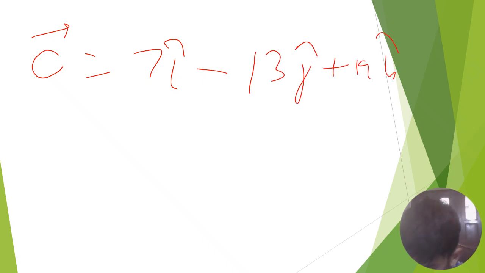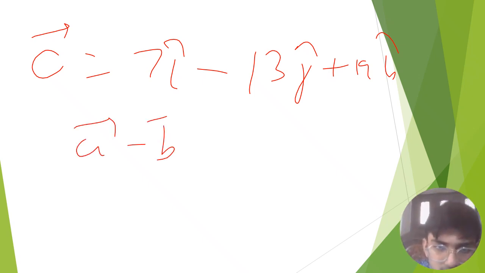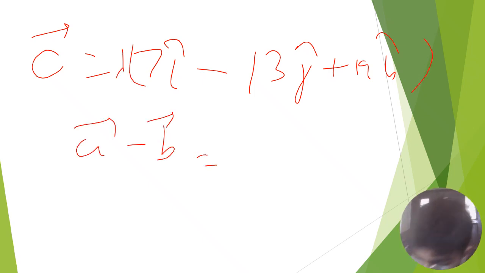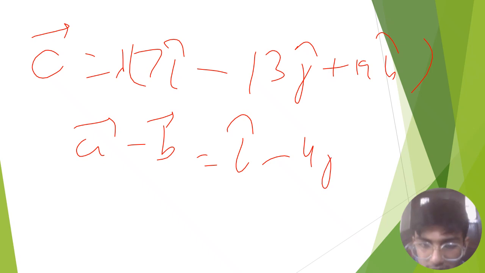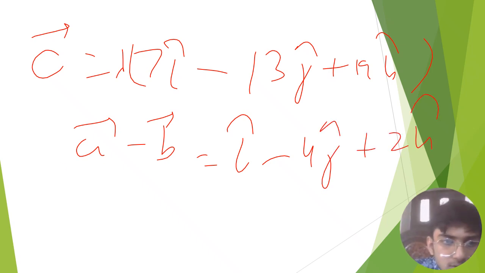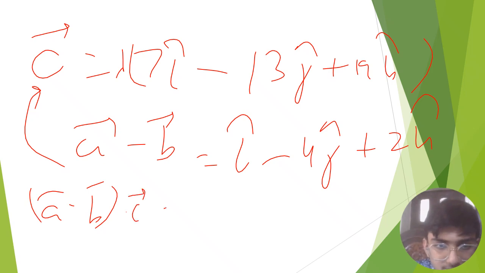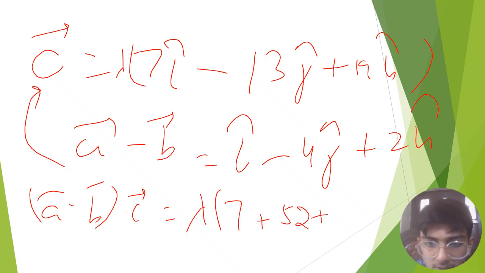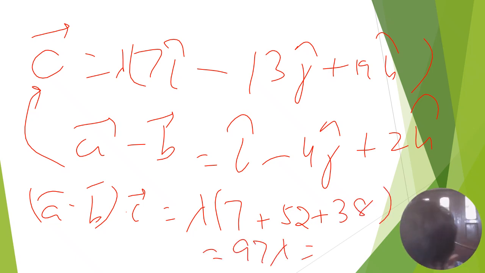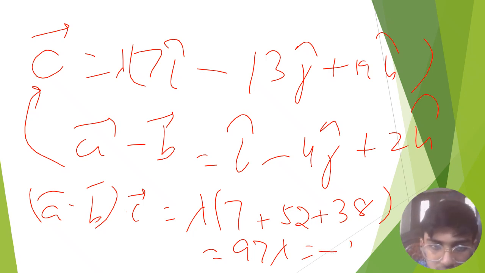Now we have A minus B vector, lambda will be there, that is i cap minus 4 plus 2. Now just do the dot product. Lambda times 7 plus 52 plus 38, that is 97 lambda, and it is coming out to be minus 97.